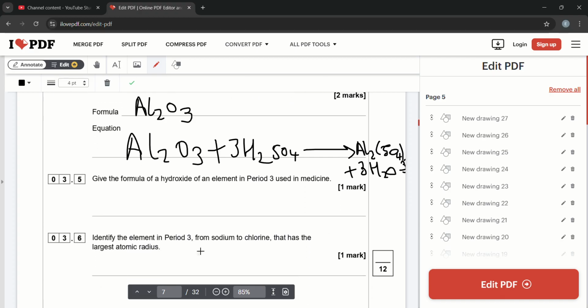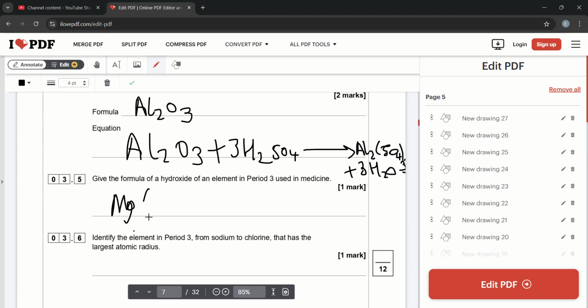Give the formula of a hydroxide of an element in period 3 used in medicine. Well, what we've got: magnesium hydroxide, calcium sulfate, and barium sulfate. The formula of a hydroxide used in medicine is going to be magnesium hydroxide.